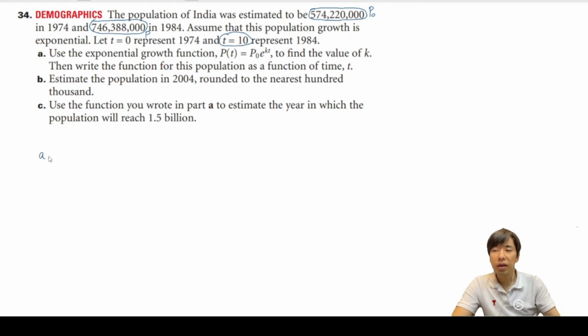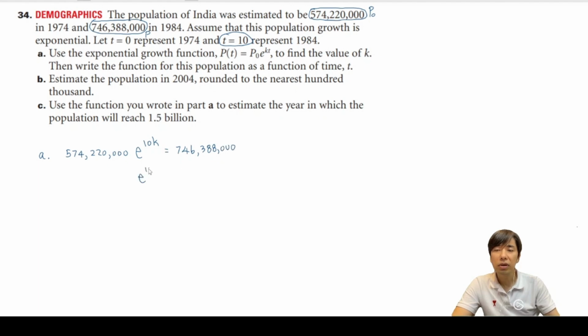So for A, you can plug in 574,220,000 into P0, and this one times e to the power of k times t. T is 10, so 10k is equal to this number, 746,388,000.